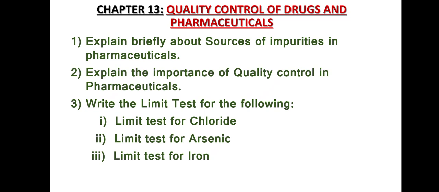And third question, write the limit test for the following. These 3 limit tests are very important. Surely one question will come from limit test in main exam. So first limit test for chloride, second limit test for arsenic, and third limit test for iron. So there are 3 important questions in this chapter. So read all the questions thoroughly.